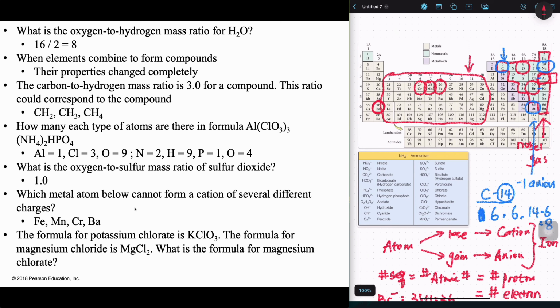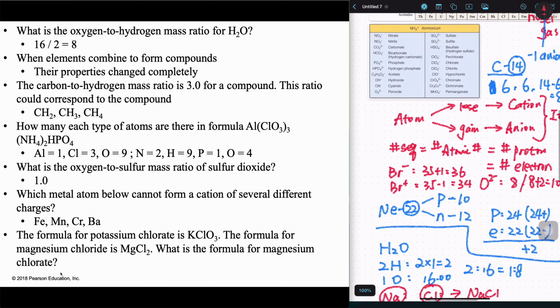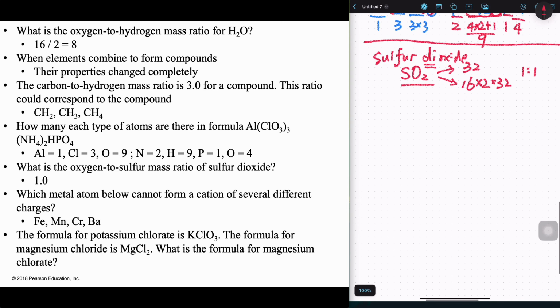Next question. The formula for potassium chlorate is KClO3, and the formula for magnesium chloride is MgCl2. So what is the formula of magnesium chlorate? Let's check this question. Potassium chlorate is this.